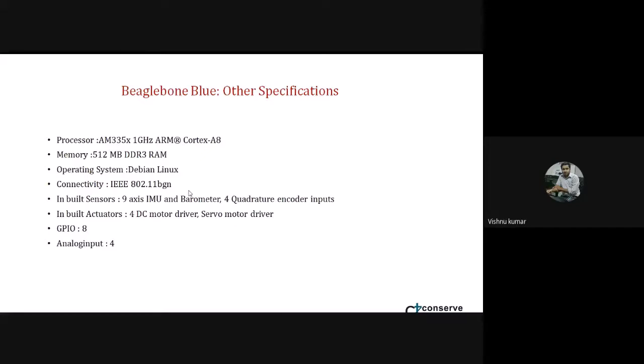Inbuilt sensors are the IMU and barometer, there are four quadrature encoder inputs, and a DC motor driver for actuation, plus servo motor outputs. These are all sufficient for making a robot. And there are 8 GPIO pins and 8 analog inputs.